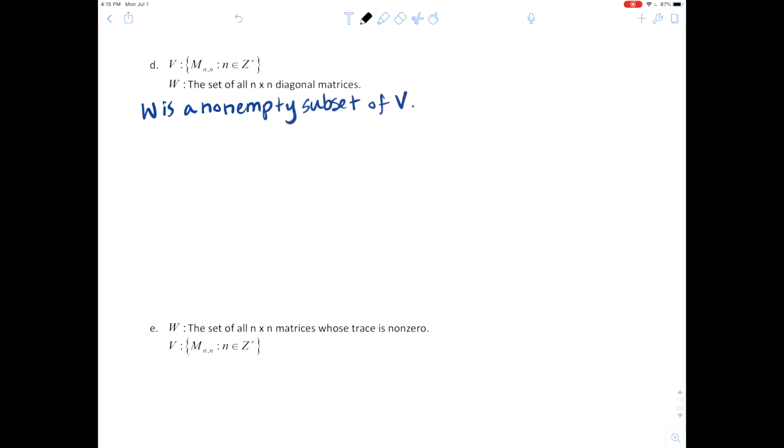And so if we let A equal to Aij and B equal to Bij, such that, well, we want them to be diagonal matrices, right? So we want Aij and Bij to belong to the real numbers, and what else?